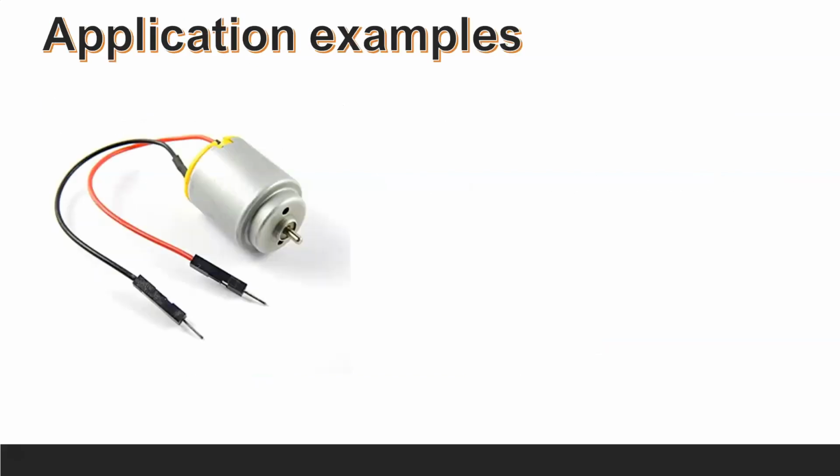So for example, if I show you a very simple system here, which is a DC motor. The DC motor on its own will not be able to do anything. It doesn't have any function for us.